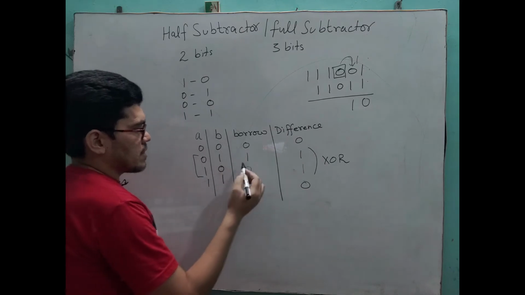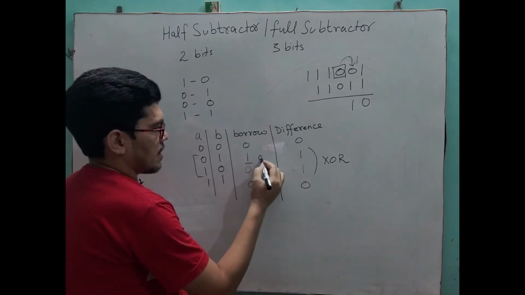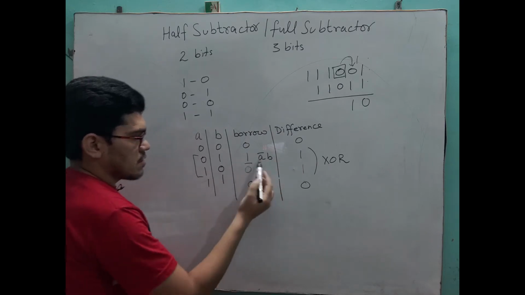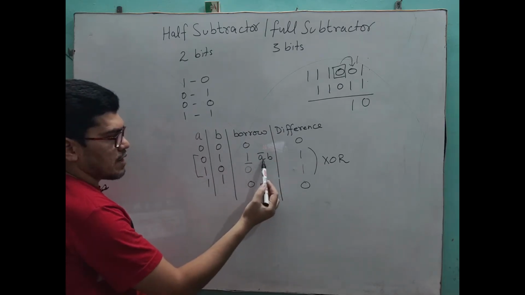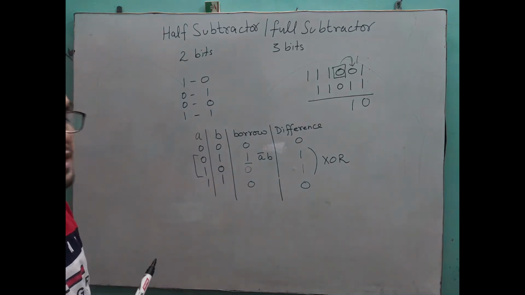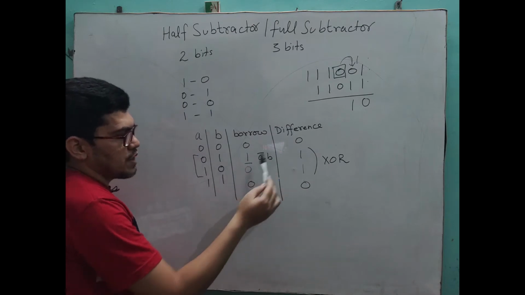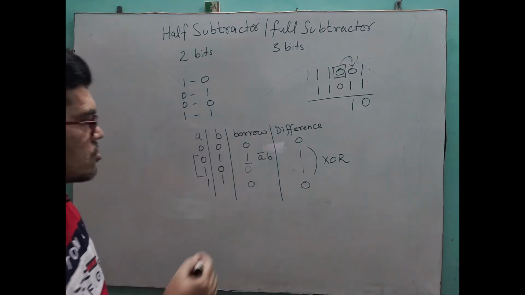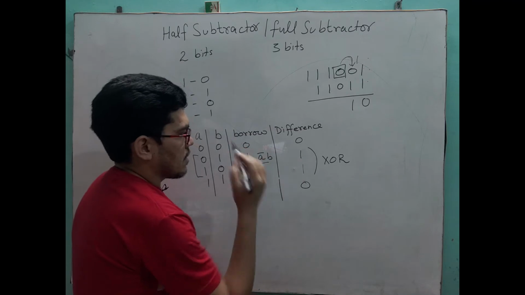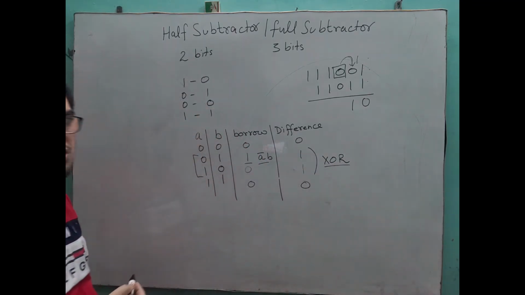And for borrow, just find out the expression for this, A bar B. A is 0 and B is 1, so when I write it in min term, it will be A bar, and B will be written as it is. So A bar B for borrow, and for difference I simply use XOR gate.